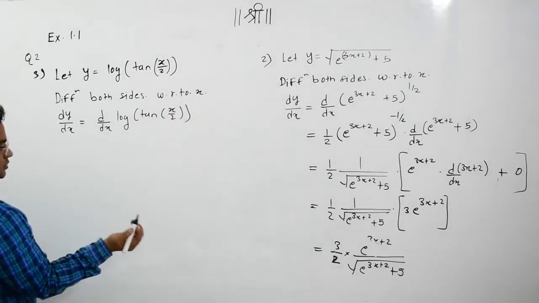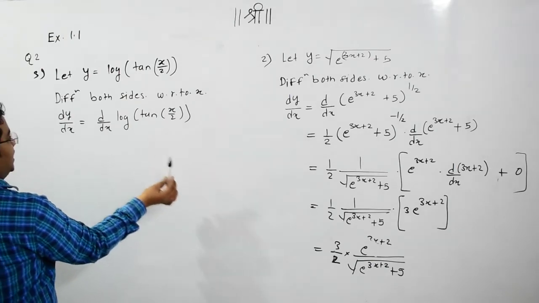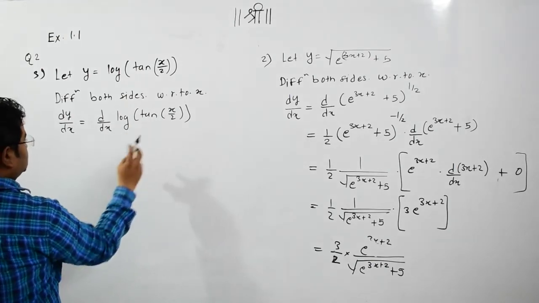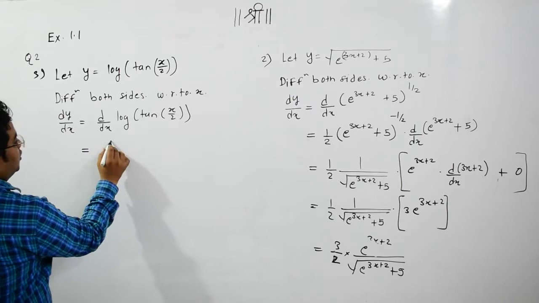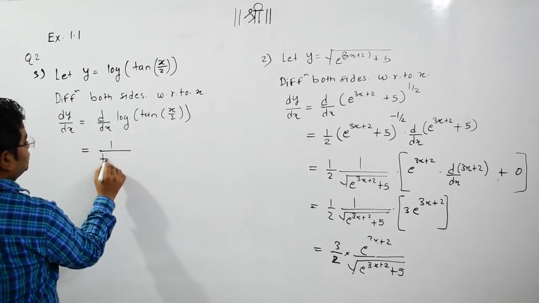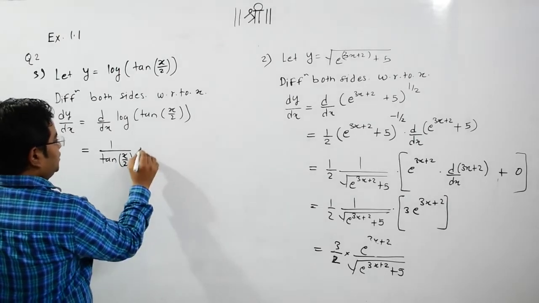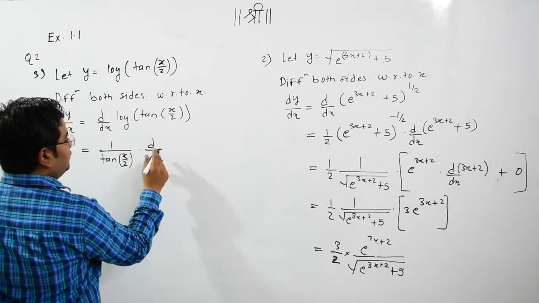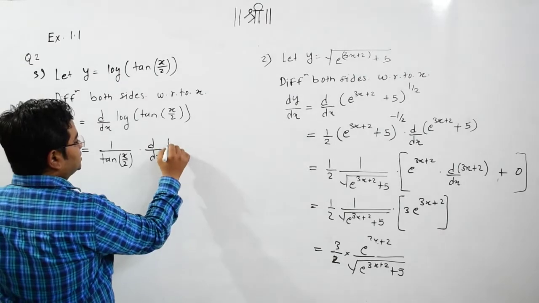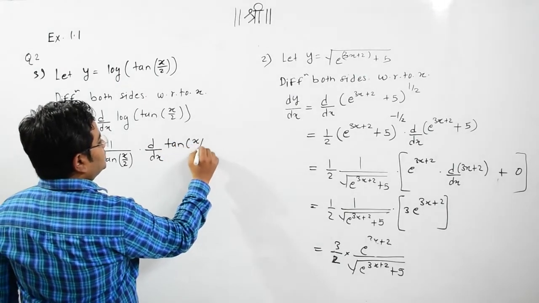Now just consider it like this: log of f of x. The derivative of log of f of x is 1 upon f of x, which means 1 upon tan of x by 2. Good. Now next step, d upon dx of f of x, the derivative again in multiplication.